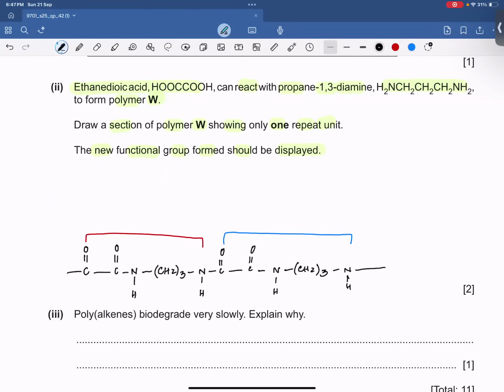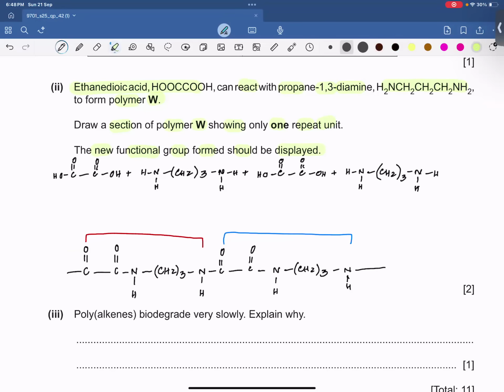This is COOH plus NH2, (CH2)3, NH2, plus COOH, then COOH plus NH2, (CH2)3, and then NH2. All right.